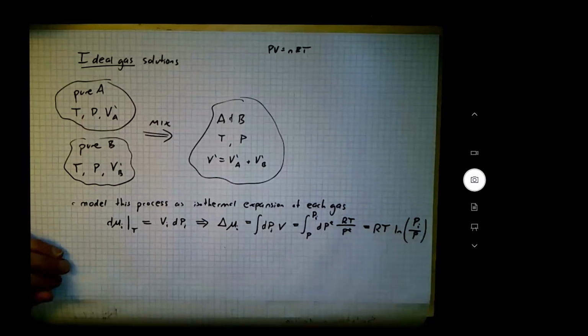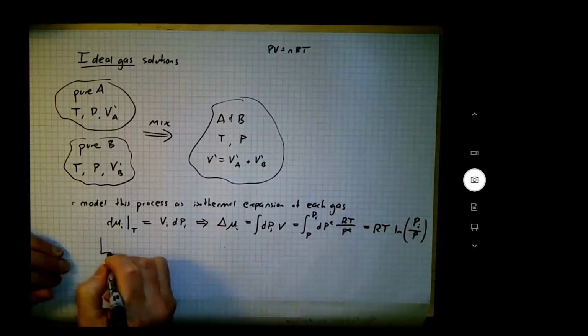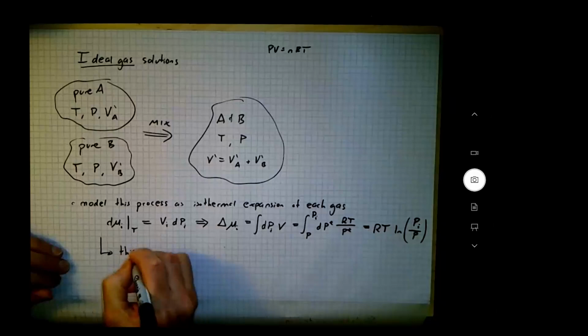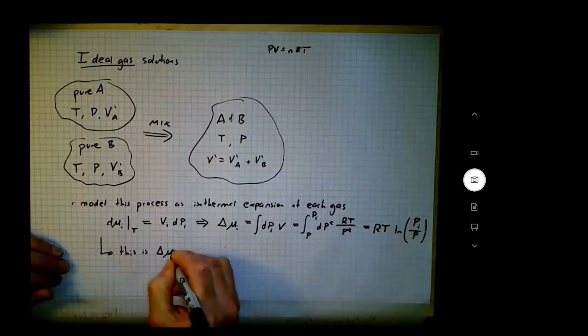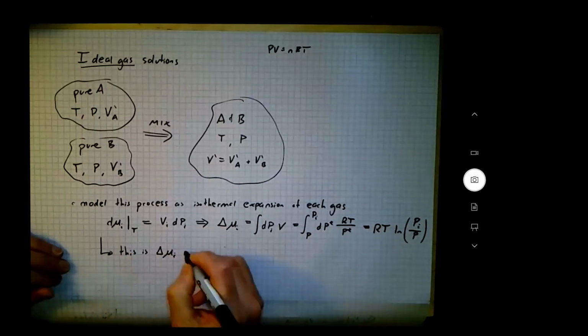We already derived this. This is the change of chemical potential for isothermal expansion.